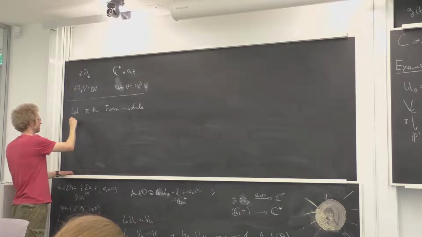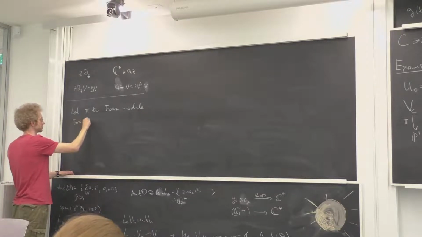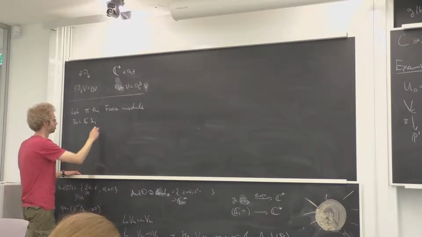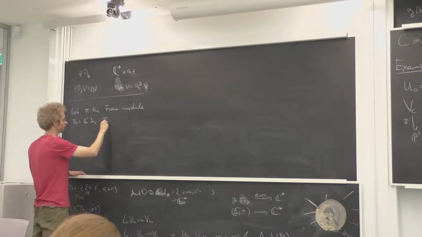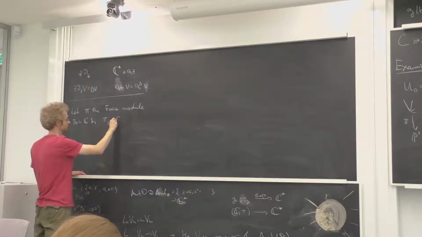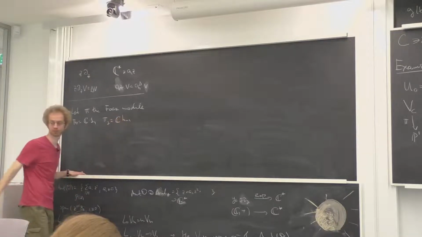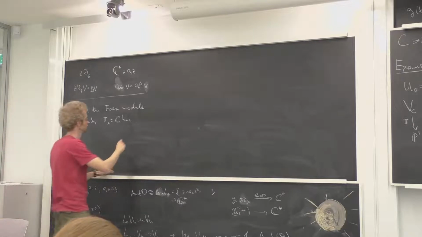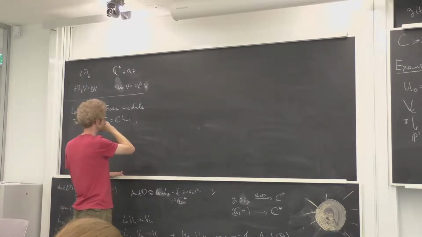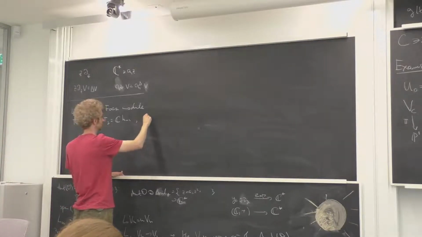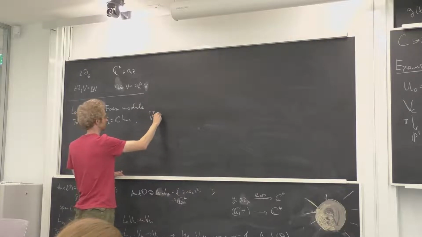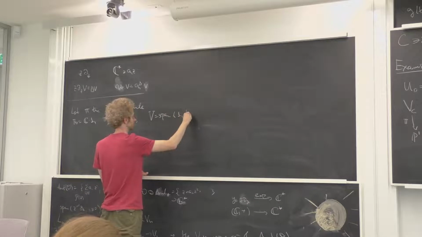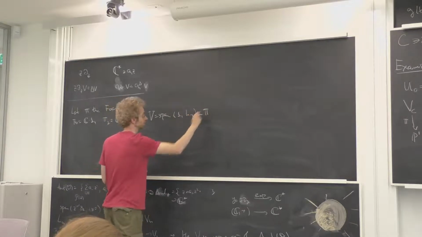So we have pi 0, which is just c times 1. And then we have pi 1, which is c times h minus 1. Okay, so let us consider v, which is the span of these 1 and h minus 1 inside pi.